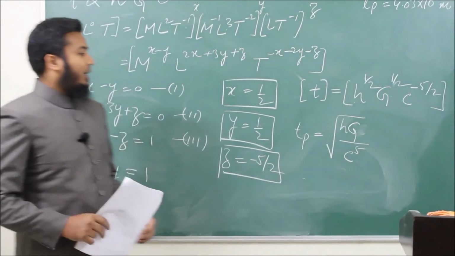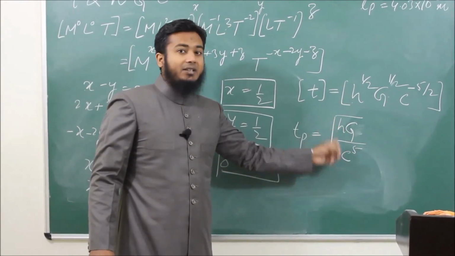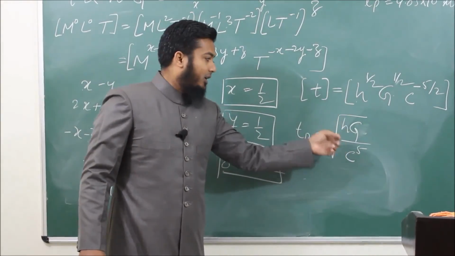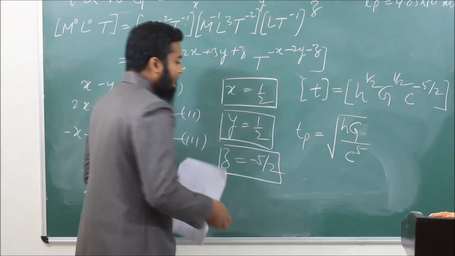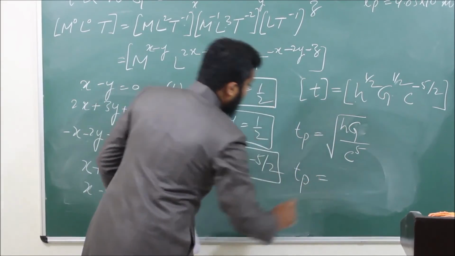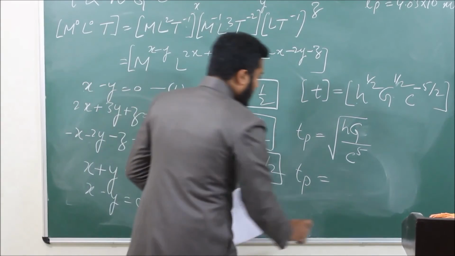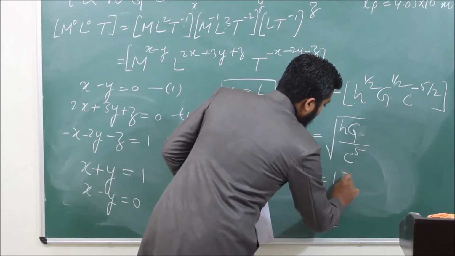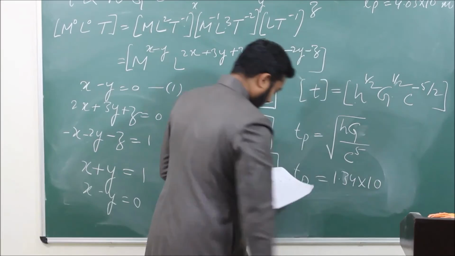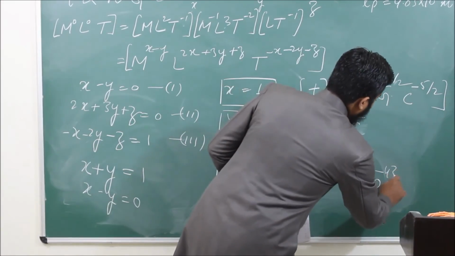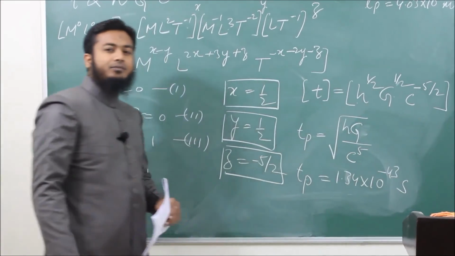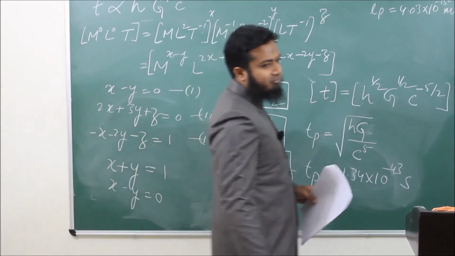So Planck time is square root of H G over C raised to the power 5. Now if you plug in the values, the Planck time comes out to be 1.34 into 10 raised to the power minus 43 second. A very tiny time.